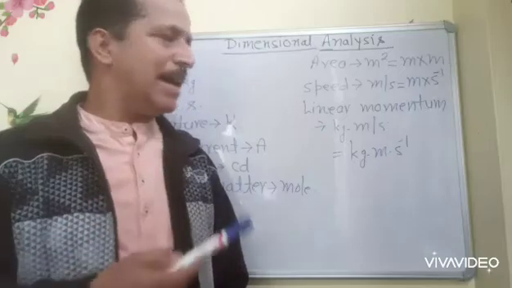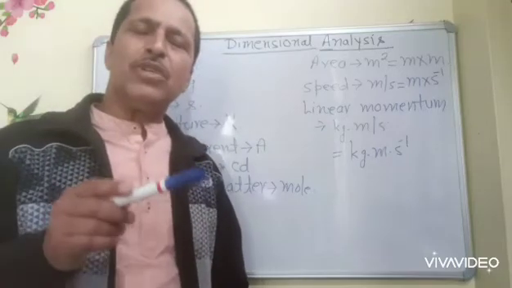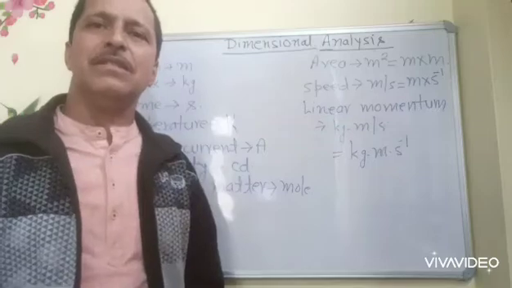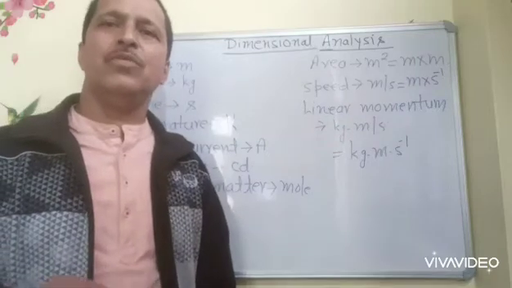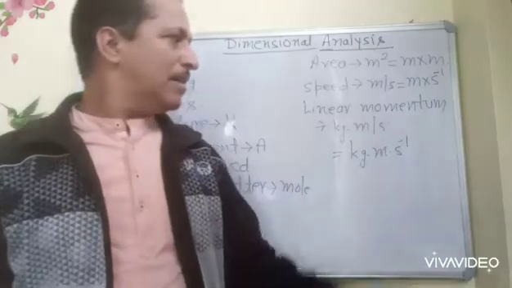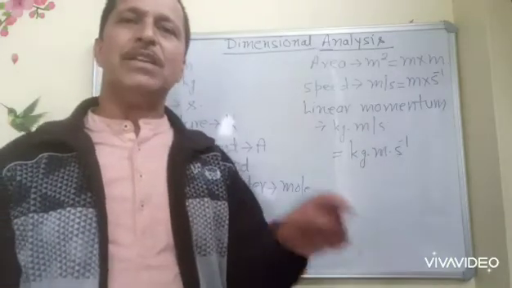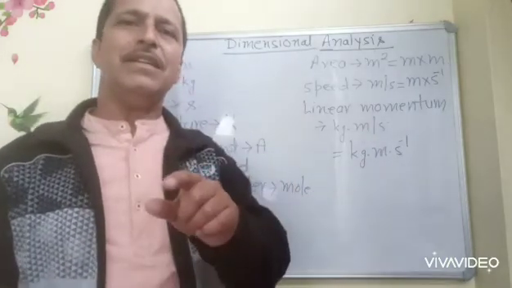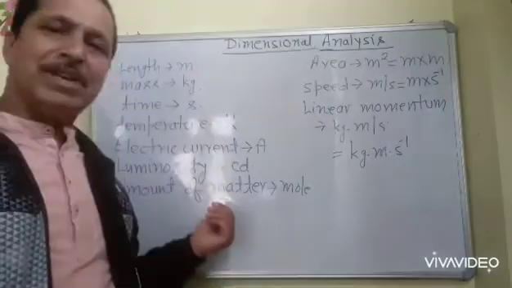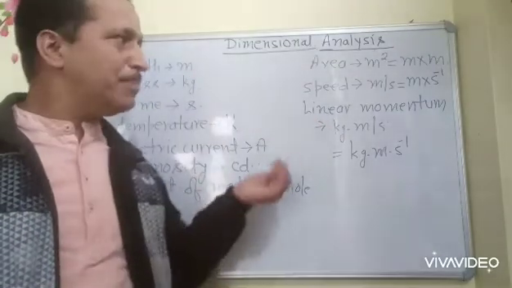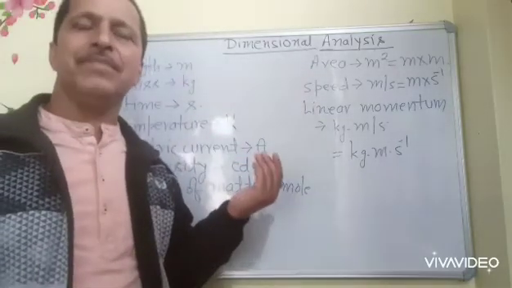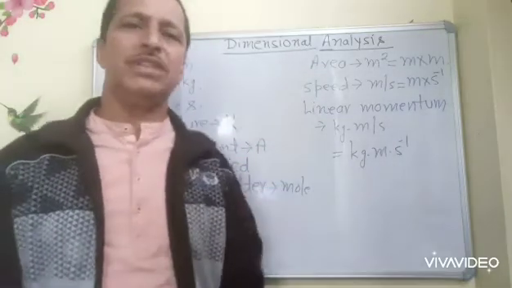And you will see that the derived quantity or fundamental quantity definitely involves a unit. Without unit, we cannot think of a physical quantity. And when we talk of unit, it will be definitely either the unit of any of these fundamental quantities or the product of two or more of them, depending upon the situation.